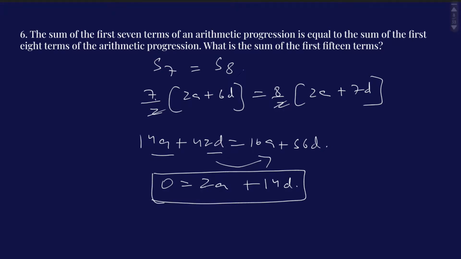What we have to find is the sum of first 15 terms. So the formula for the sum of first 15 terms is going to be 15 by 2 into 2a plus 15 minus 1, 14d. We have 2a plus 14d as 0. So if we put this into our formula, we will get 15 by 2 into 0. So therefore 0 is our answer.